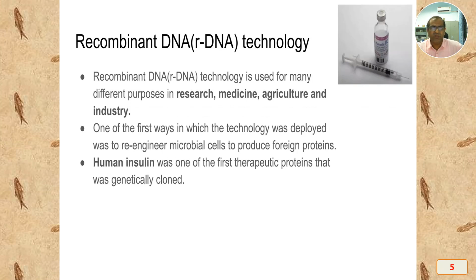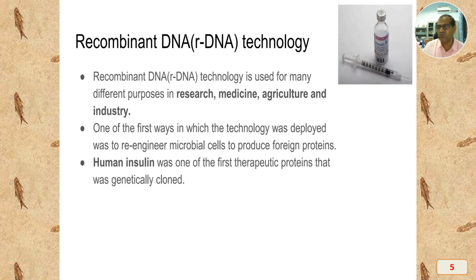So recombinant DNA technology is used for many different purposes in research, medicine, agriculture, and also industry. The way in which the technology was developed was to re-engineer microbial cells to produce foreign proteins.